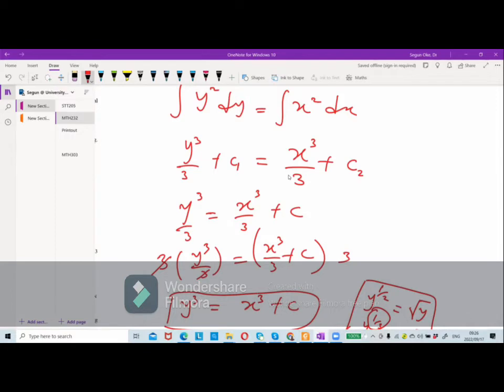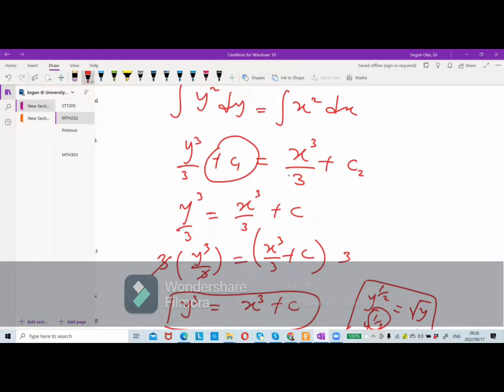Constant multiplied by constant is constant. Are you getting it? So they are both constant. I just make sure I make them one. I can also say don't even bother if I don't put this one there. That does not mean what I'm doing is wrong. Are you getting it?